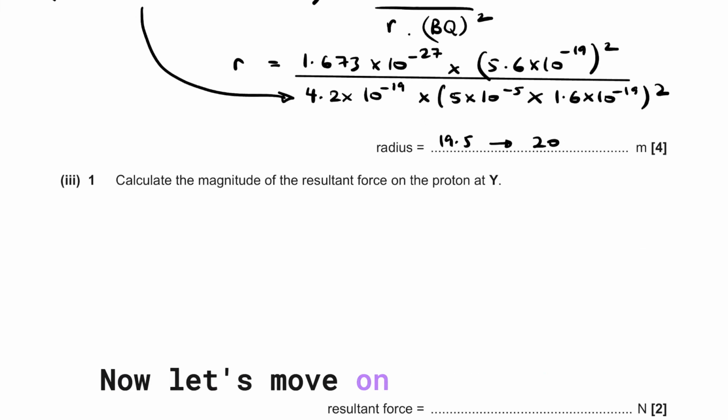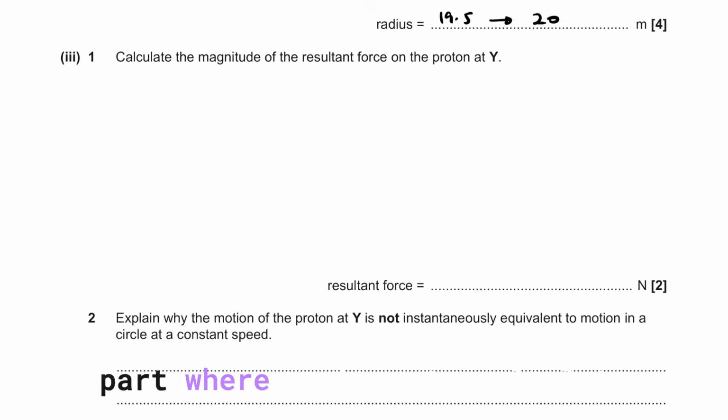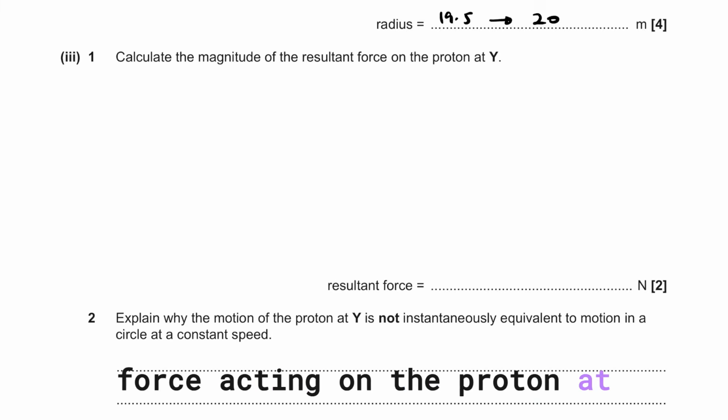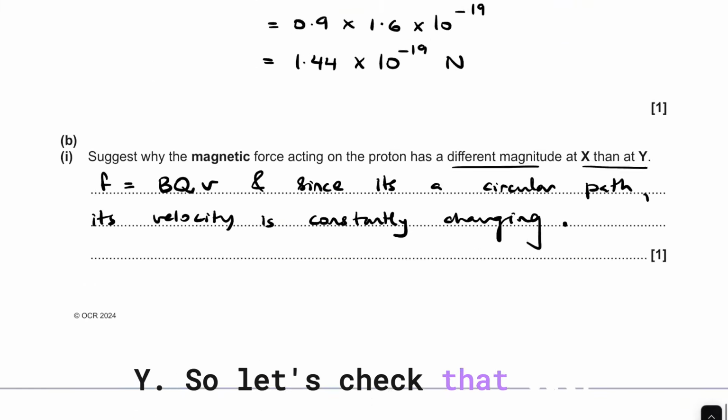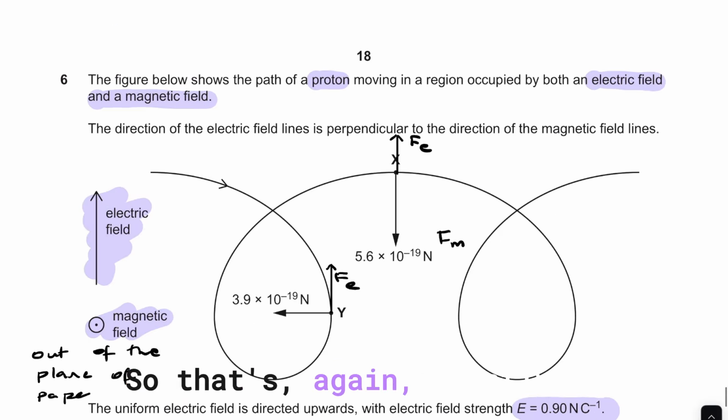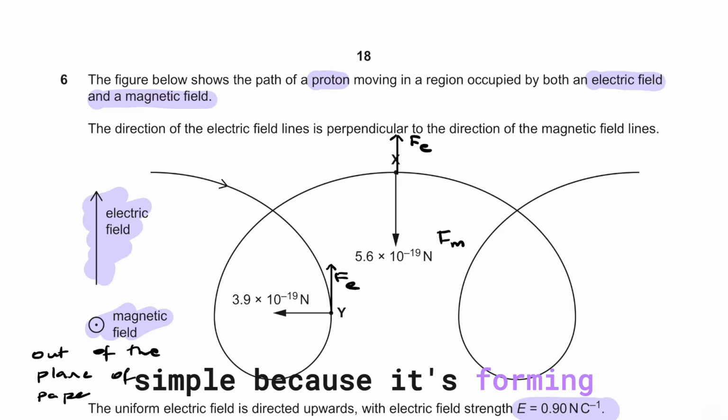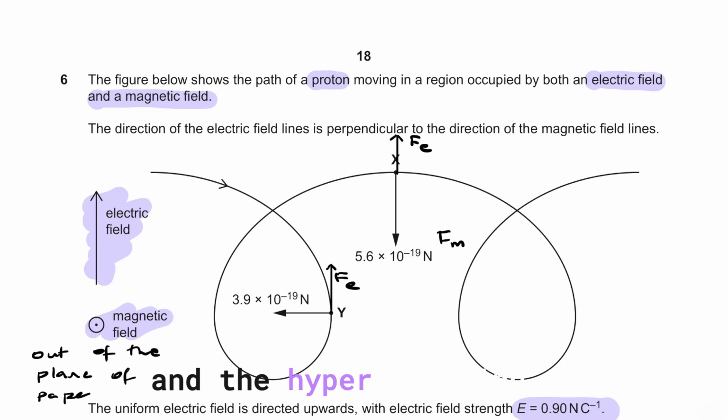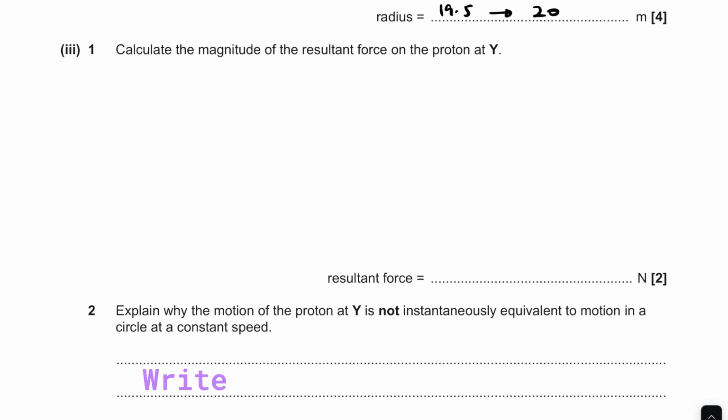Now let's move on to our second part, where we have to calculate the magnitude of the resultant force acting on the proton at Y. So let's check that out. That's again relatively simple because it's forming a right angle triangle and the hypotenuse is going to be the resultant force. So let's write that down over here.